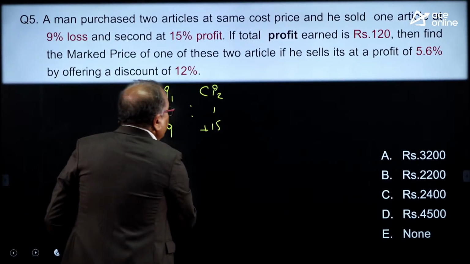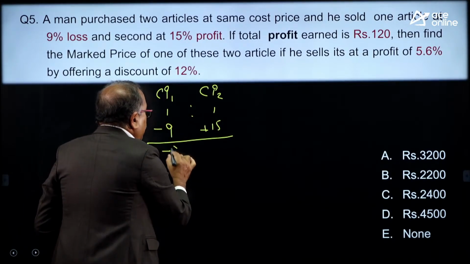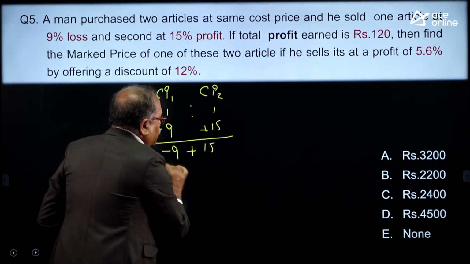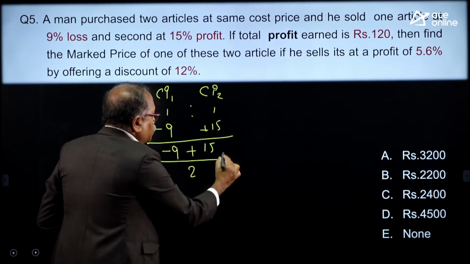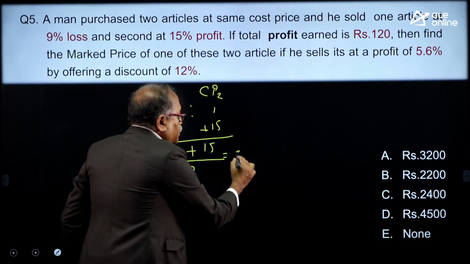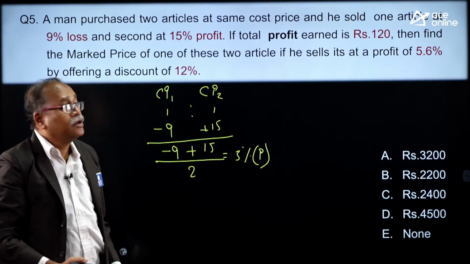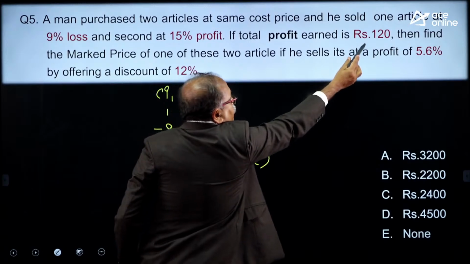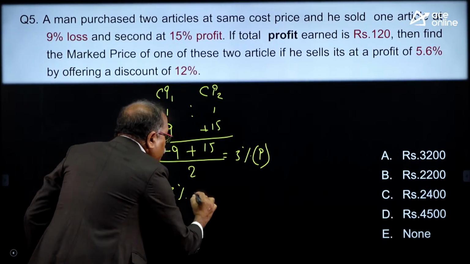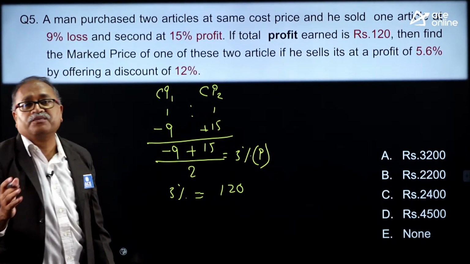So overall, apply the weighted average approach: minus 9 into 1 plus 15 into 1, divided by 1 plus 1, which is 2. So plus 6 divided by 2, that comes to 3% overall profit, and the overall profit is 120. That means, if 3% is equal to 120, the rest you can work out, my dear friend.